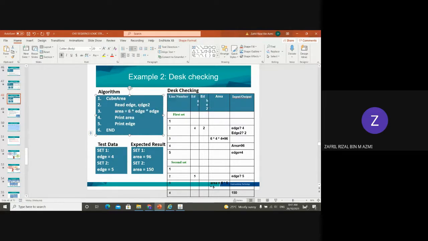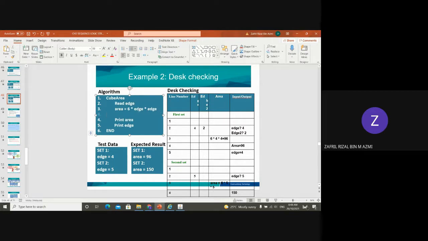So you cannot put it like this. This means that straight away after read H, it will read H2. That is wrong, right? So you cannot put it like that if the inputs are not back to back. Instead of doing it like this, you must do it separately.